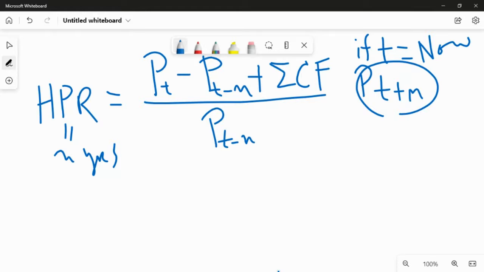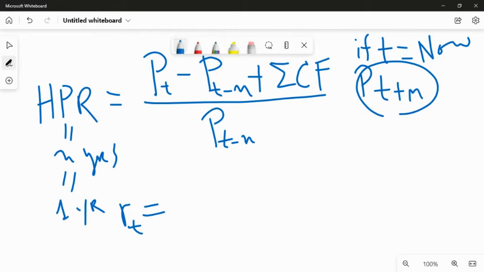But what if n is 1 year, or 1 month, 1 quarter? Let's say n is 1 year. If the holding period is just 1 year, it's a single period return, right?